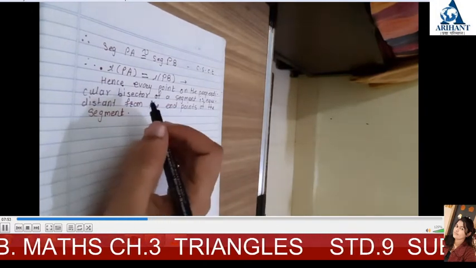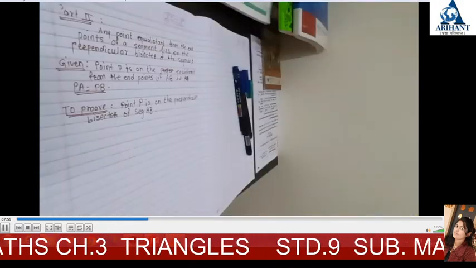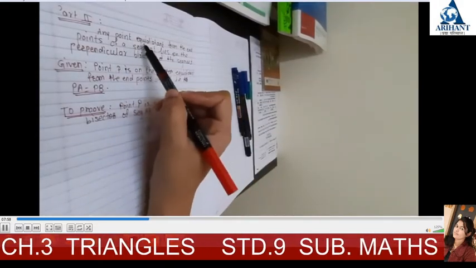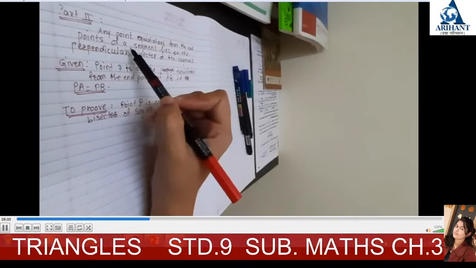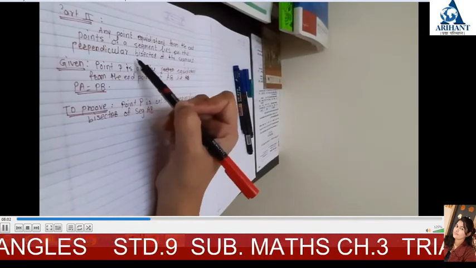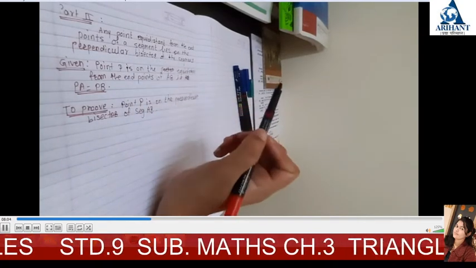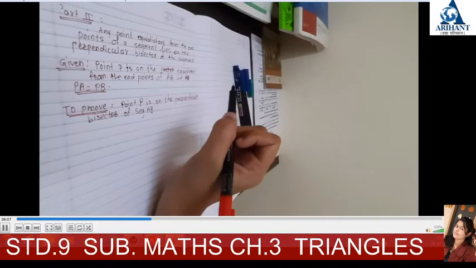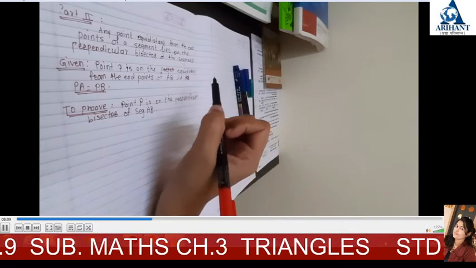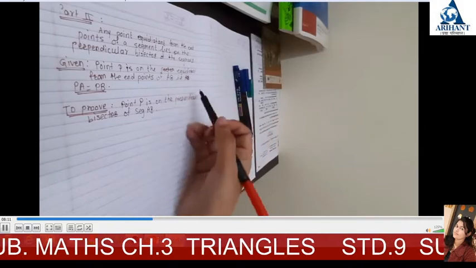This is the proof. So part 2: any point equidistant from the endpoints of a segment lies on the perpendicular bisector of the segment. This is the part 2 of the perpendicular bisector theorem.